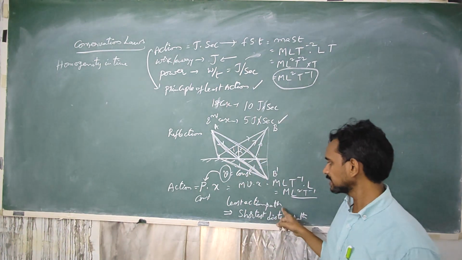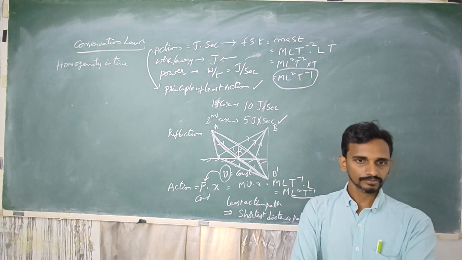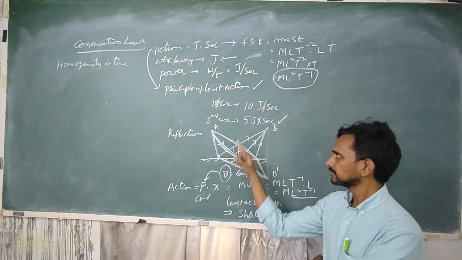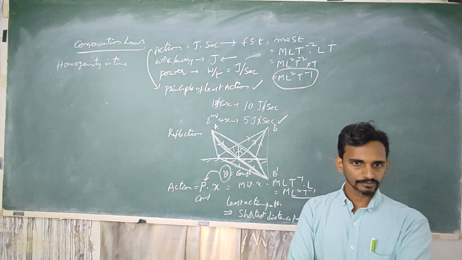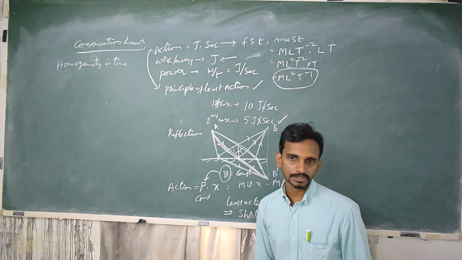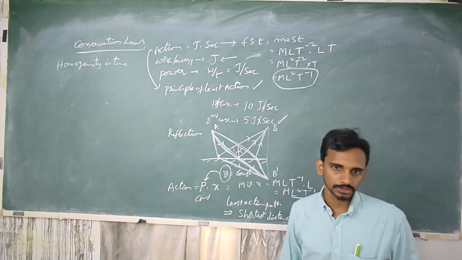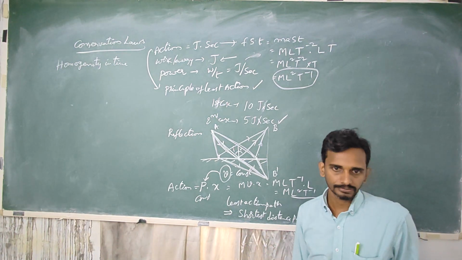So that is controlled by the principle of least action. Here the condition we are imposing is constant velocity. As long as light travels in the same medium, velocity remains constant. So that implies momentum remains constant. So the only free parameter that we have in hand is position. So the shortest path becomes the best choice in this case.